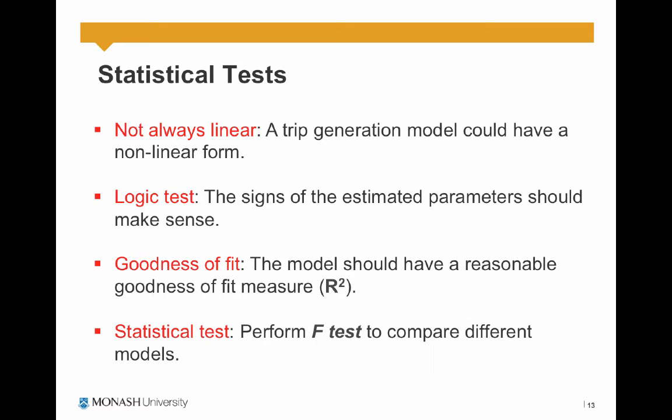You can apply logic tests, which basically refers to investigating the sign and magnitude of the estimated coefficients to see whether they make sense. You can have a look at some goodness of fit measures like R-square, which is a commonly used measure. And there are also some other statistical tests such as the F-test to compare different models to see whether model A is better than model B.